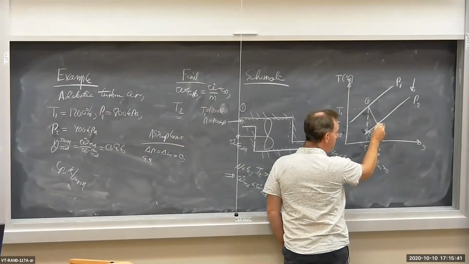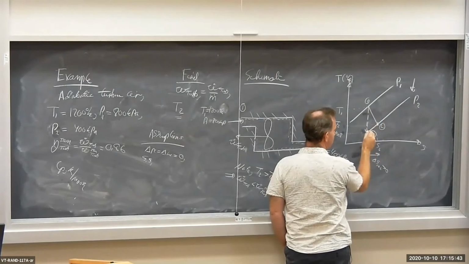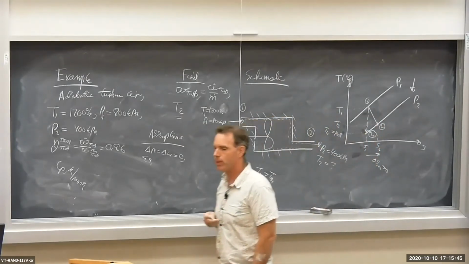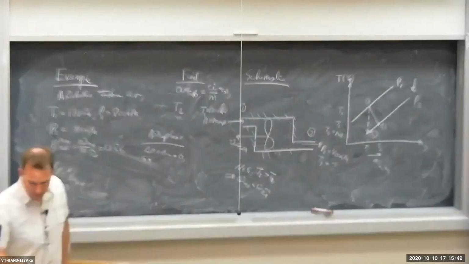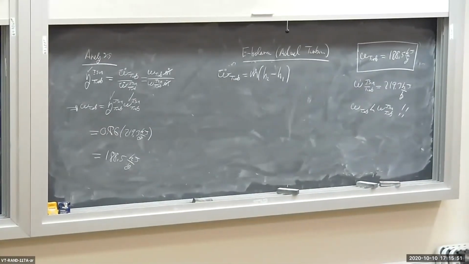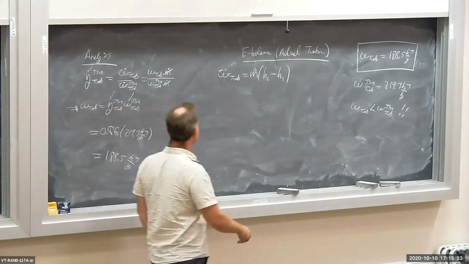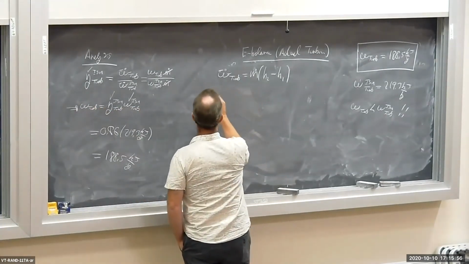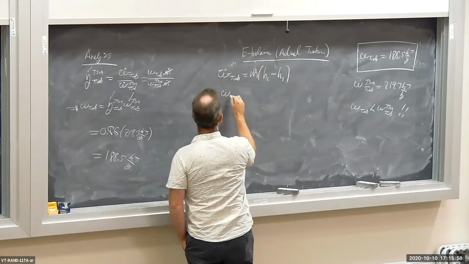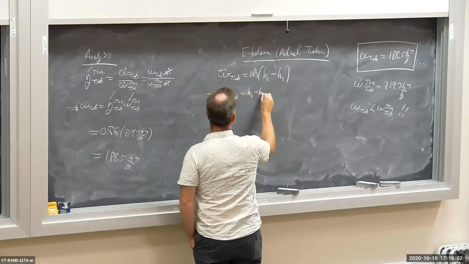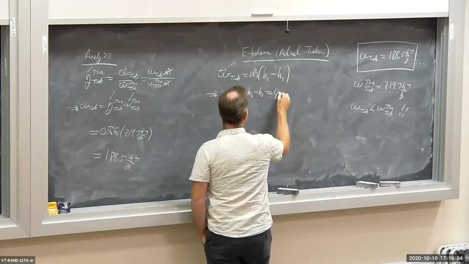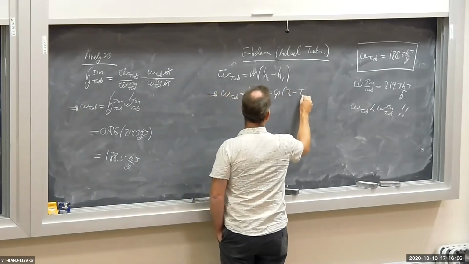The isentropic device was 1 to 2 sub S. That's why in the energy balance for the isentropic device, at state 2, I had a 2 sub S. But the real turbine goes from 1 to 2. And of course, this implies W turbine is equal to H2 minus H1, which is CP times (T2 minus T1).